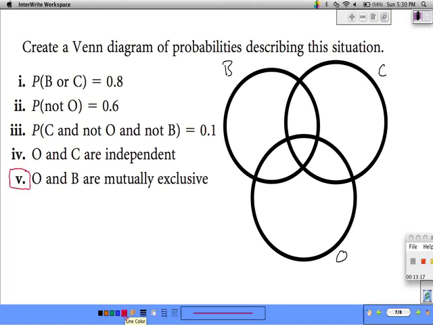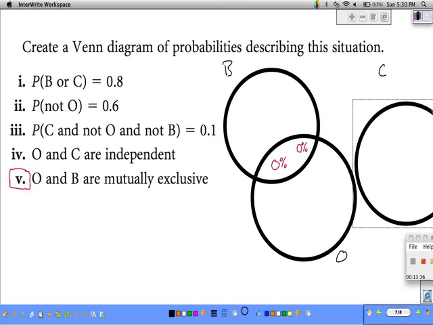If B and O are mutually exclusive, that means that they don't overlap. So in these spaces, I need to put 0%, because there can't be anybody that is in both of those circles. That intersection has to be empty.